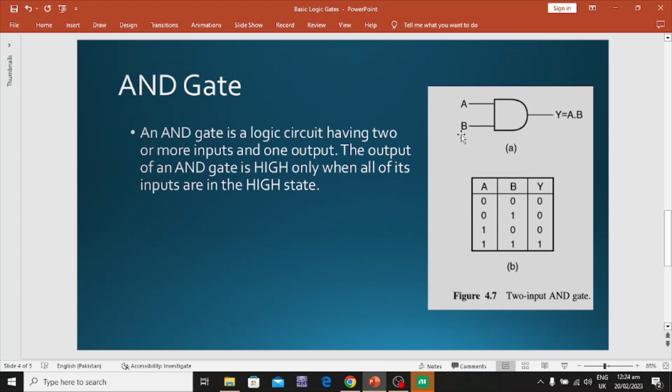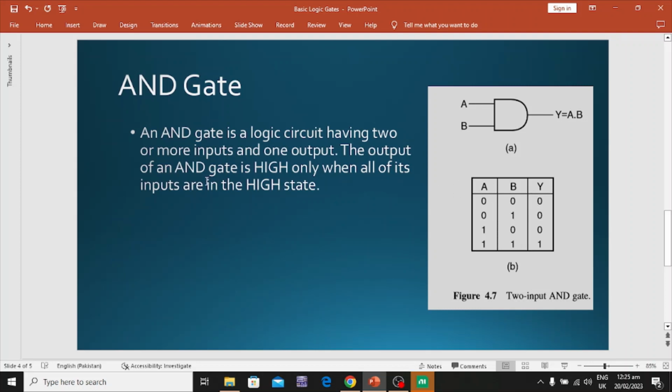So input A and input B, A dot B means A ANDed with B. Our inputs go through this logic system and we get our output here. So you must remember this symbol and the condition.